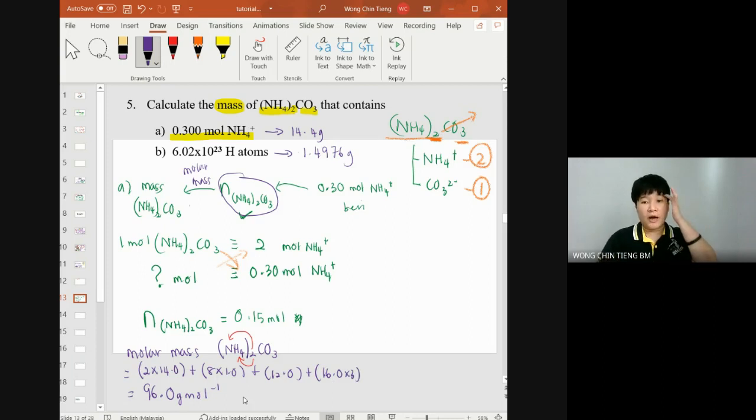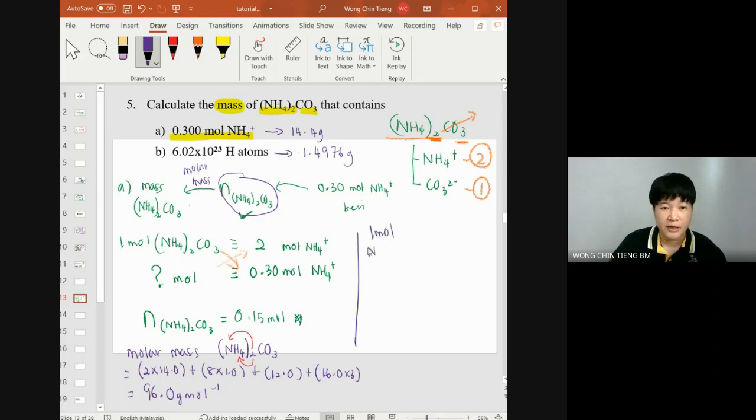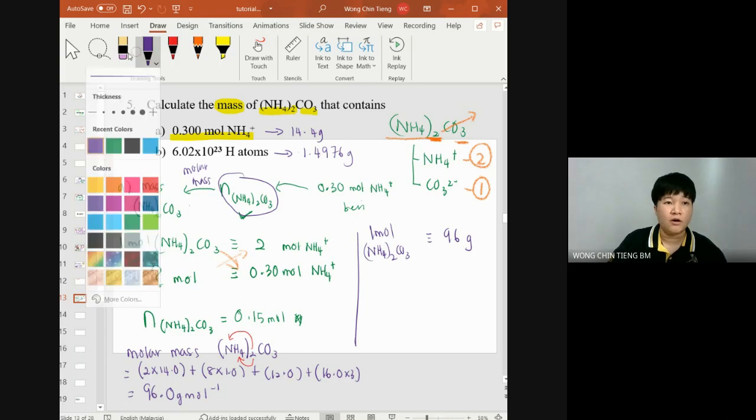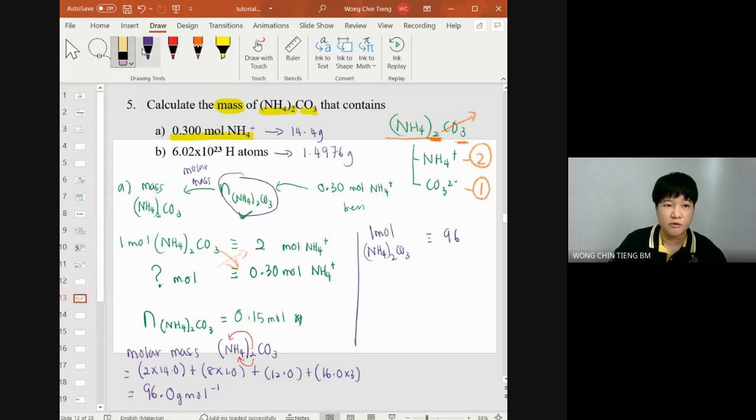Okay, so Haifa say 96.0 gram per mole, that is the molar mass. Question asking for mass, so simple, change it to the mass. Compare it to the mass. 1 mole of your ammonium carbonate will give rise to 96 gram. Okay, or more detailed, 96.0 gram.